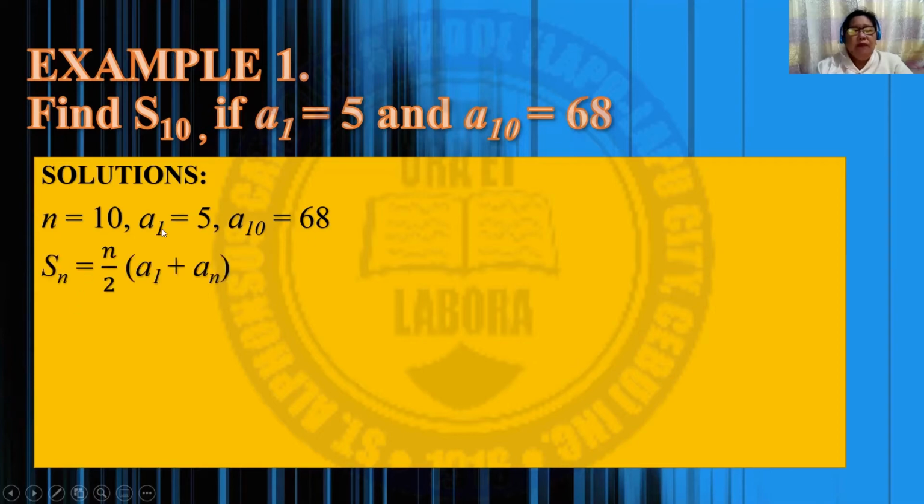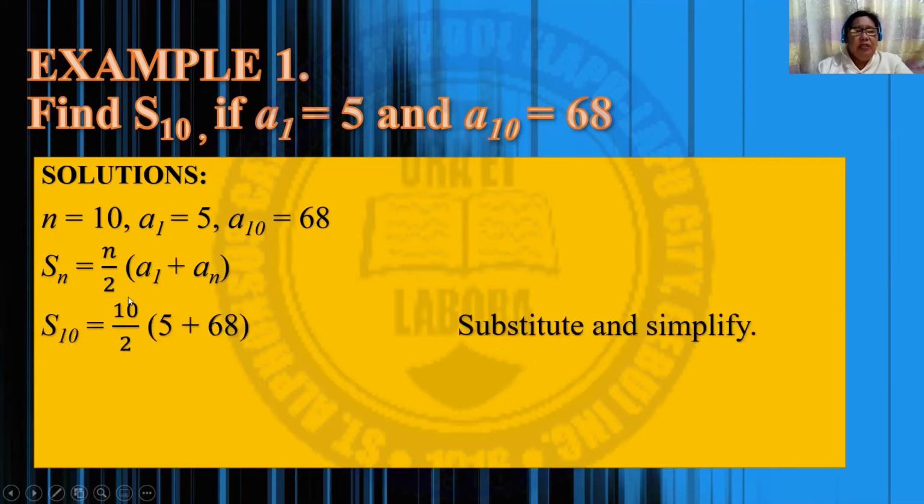Since the first term and the last term are given, we are going to use the first formula, and then substitute 5 to a sub 1 and 68 to a sub n. And then simplify. So we have 10 over 2 times 68 plus 5, which is 73. And the sum of the 10 terms is 365.